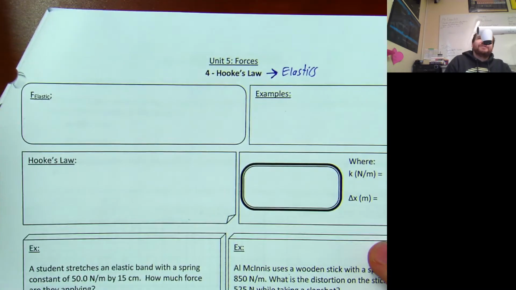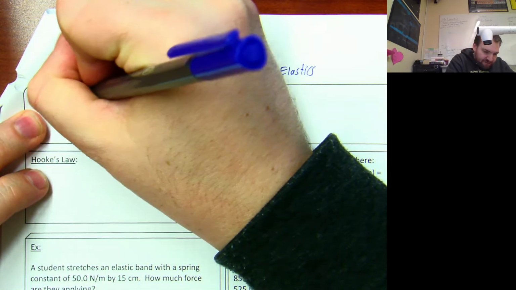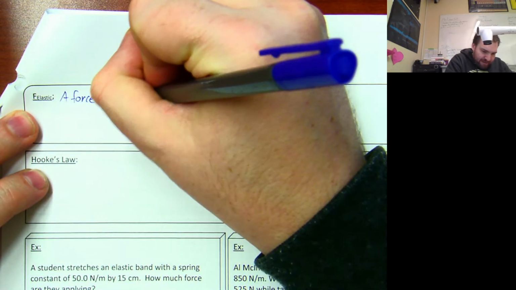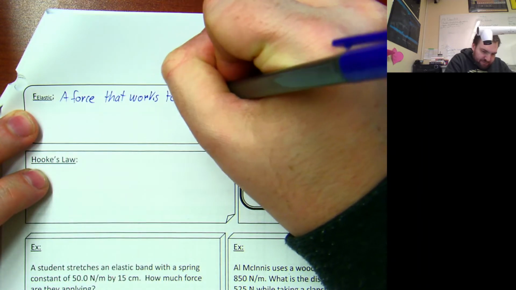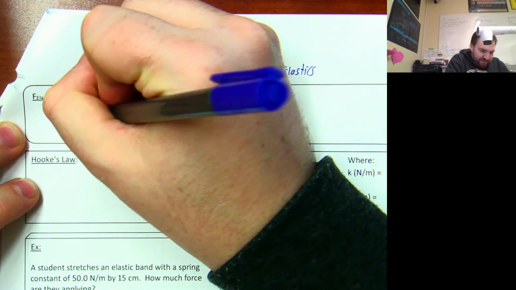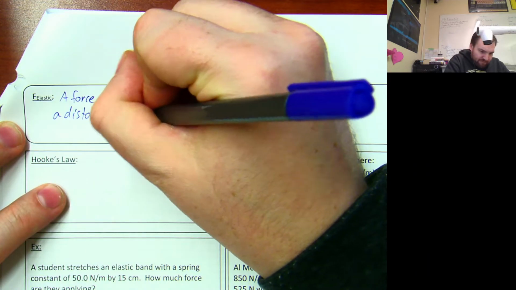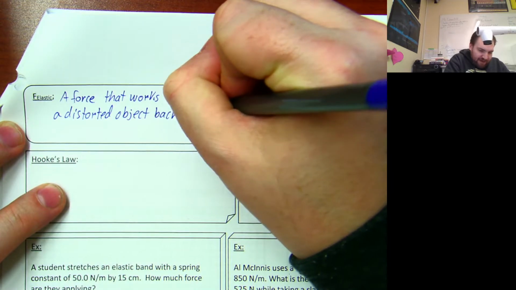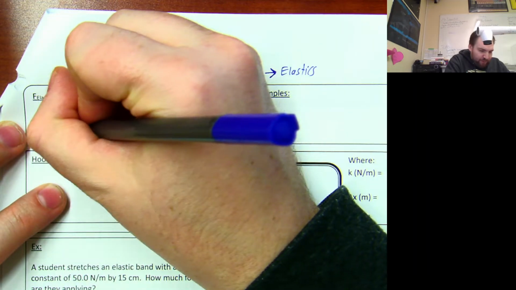The elastic force, governed by something called Hooke's law, is a force that works to return a distorted object back to its, the word I'm going to use here is equilibrium.